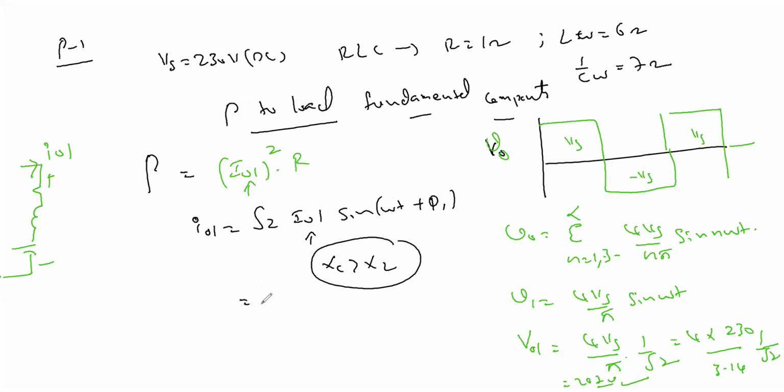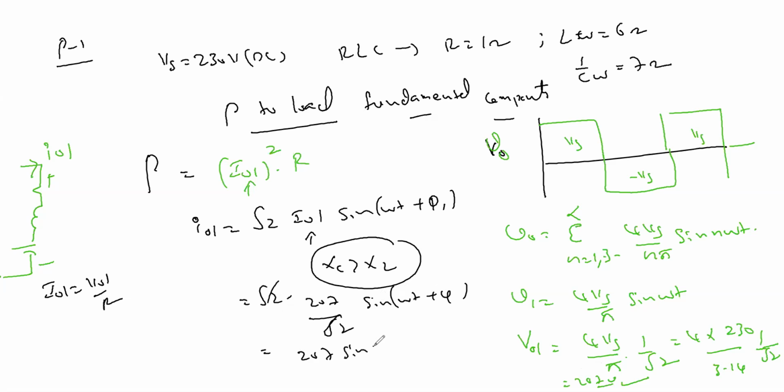And I01 root 2, what I01 is, I have told you: I01 is V01 by R. What is the V01 by R? 207 by root 2, sine of omega t plus phi. So this cancels out. This is 207 sine omega t plus phi. So your IM is 207.